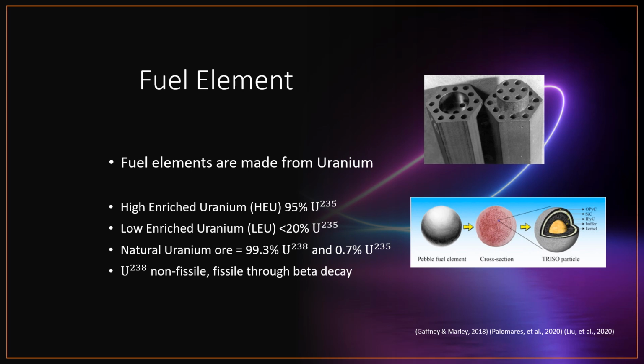That's why it was favoured back in the NERVA program. But it also makes it highly reactive and potentially dangerous. So uranium-238 is used. Now, uranium-238 is classed as a non-fissile material. It will become fissile through beta decay.